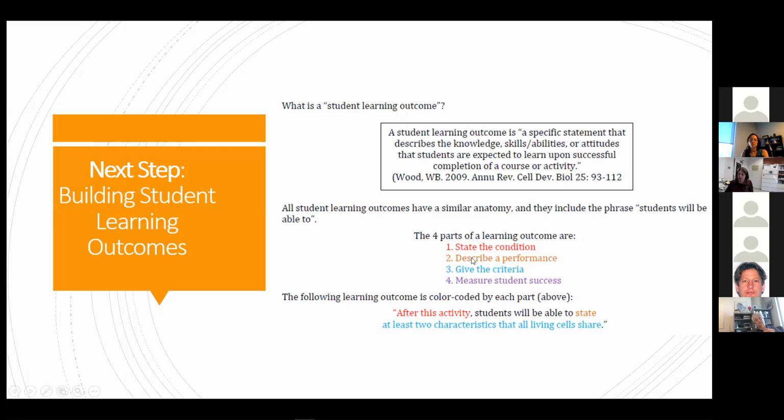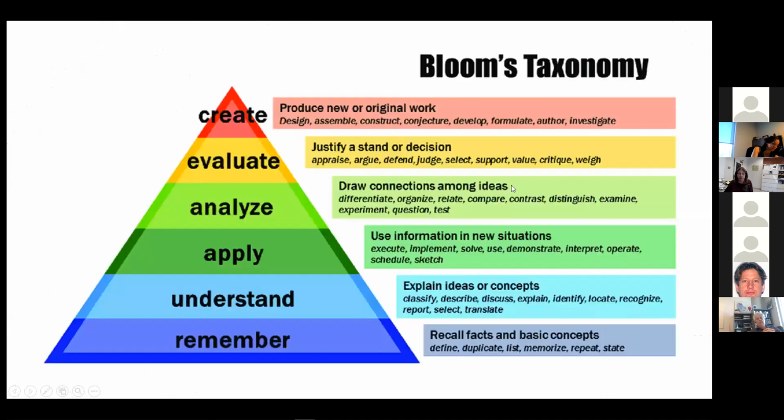And one of the pieces of this is this orange part, this verb. Bloom's taxonomy is a framework by which we measure the level or degree to which students understand something.